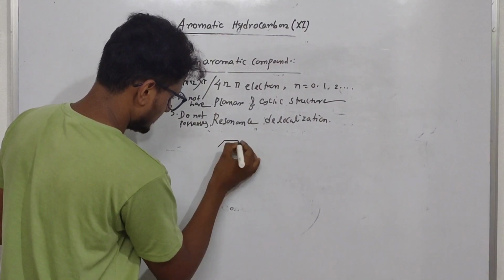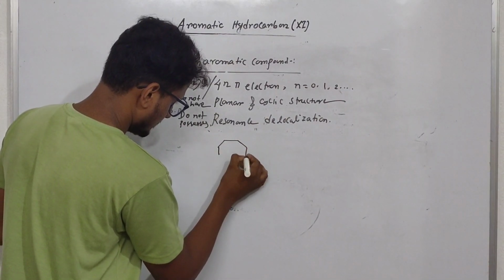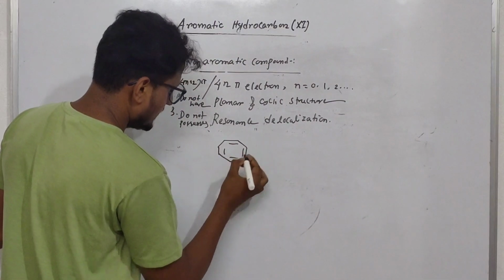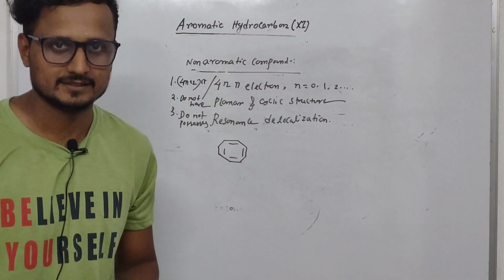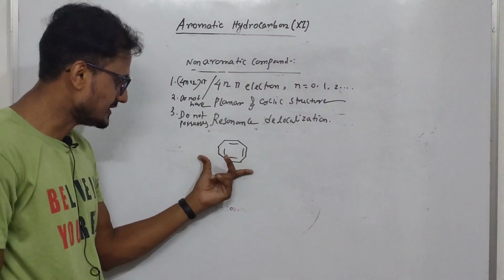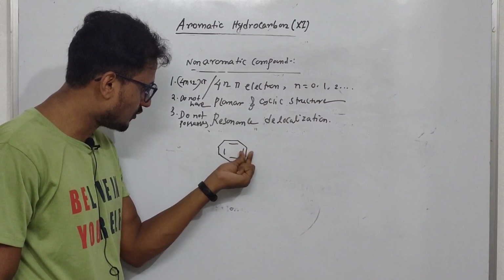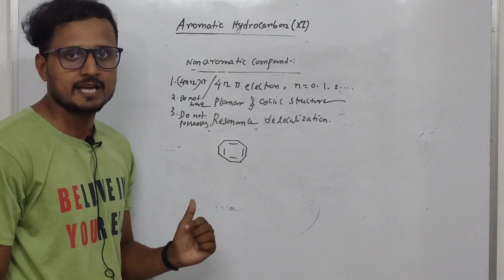This compound is called cyclooctatetraene. How many pi electrons are there? 2, 4, 6, 8. 8 pi electrons.